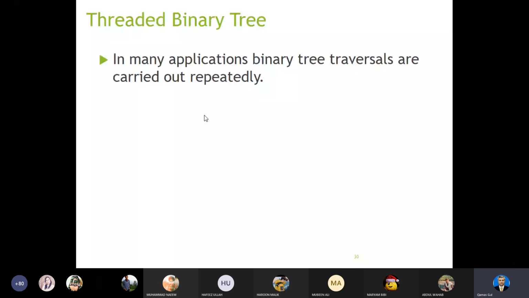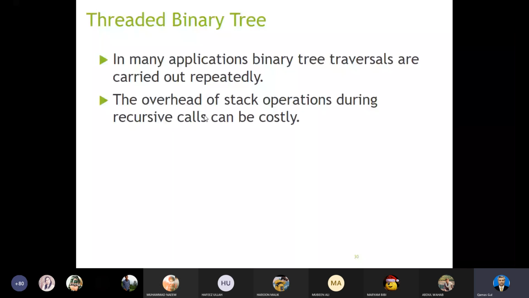You need traversing of the binary tree again and again for different purposes. The overhead of stack operations during recursive calls can be costly. So why am I saying that the recursive functions you have utilized for traversing the binary tree are costly?